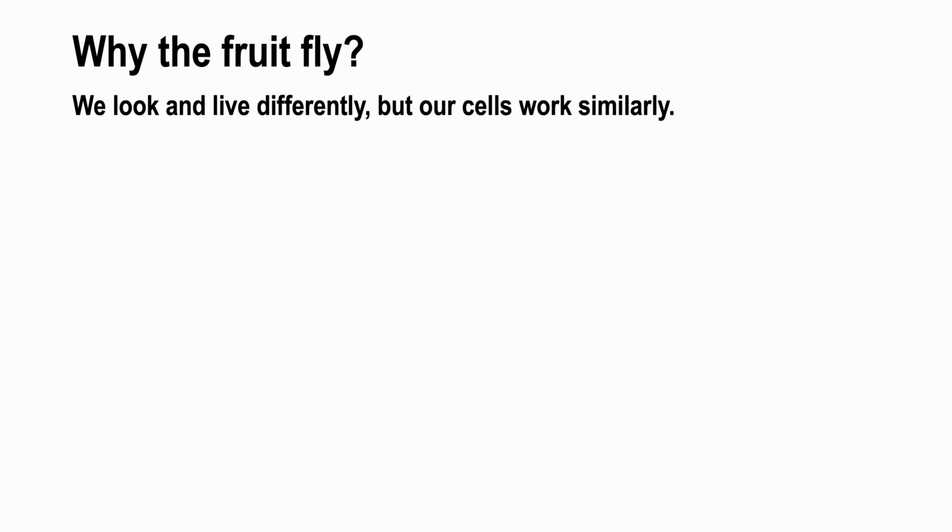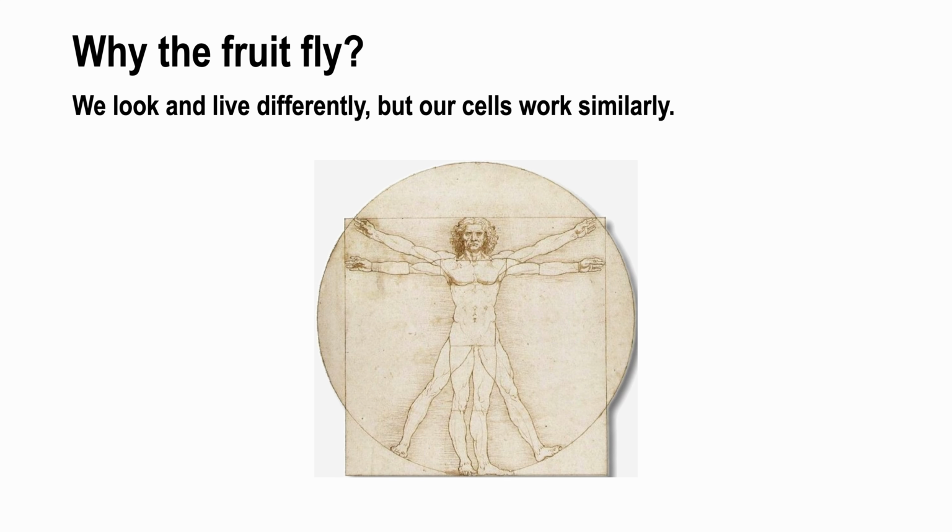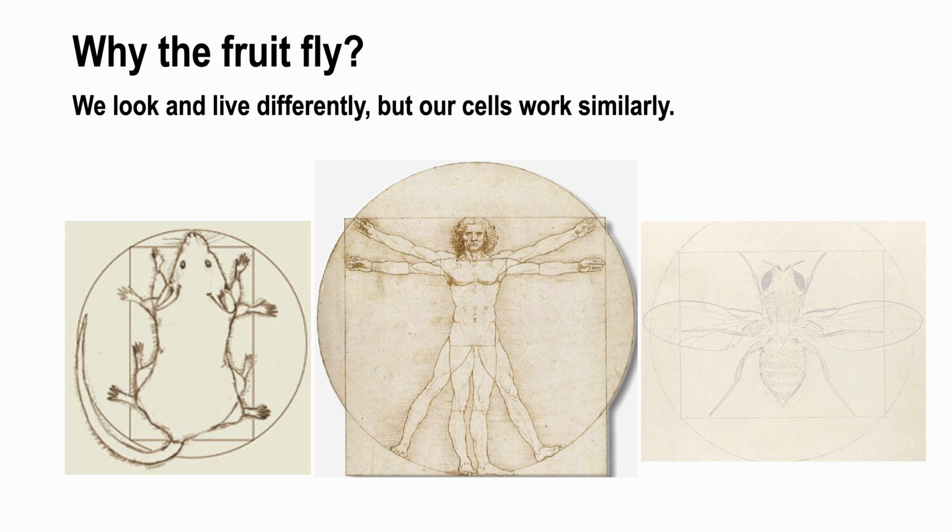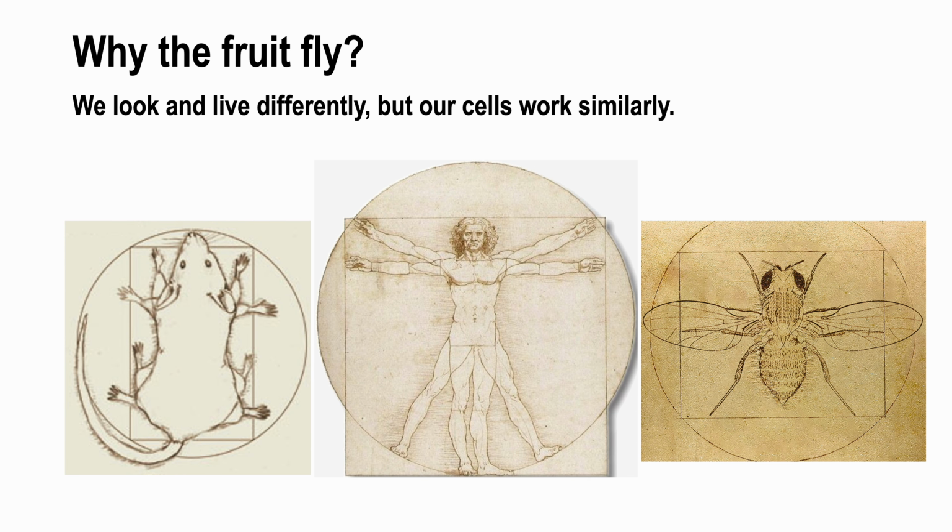There are variations on the basic fundamental principles that produce this sort of variety and what looks like complete incompatibility. So again, just to reiterate, though humans look different from mice and flies, the basic principles of operation are actually very similar.